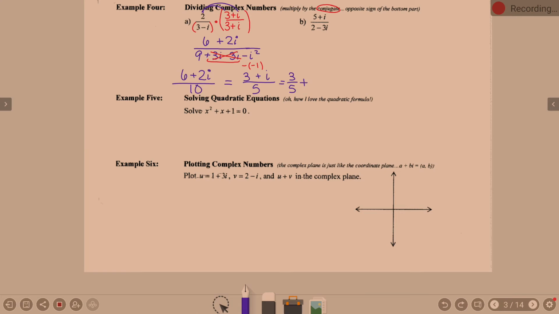Okay, I actually wrote it as i over 5 here. What more traditionally you see is 1/5 i. Okay, that ideally would be the answer I'd be looking for.